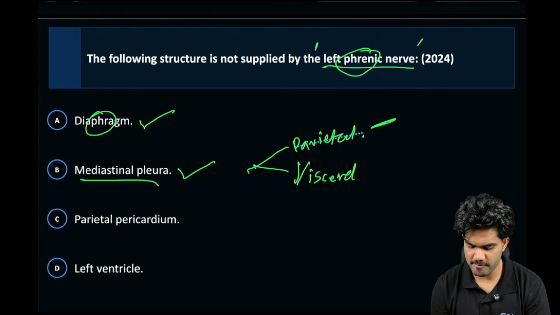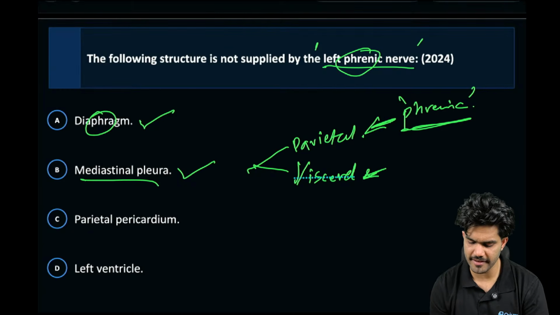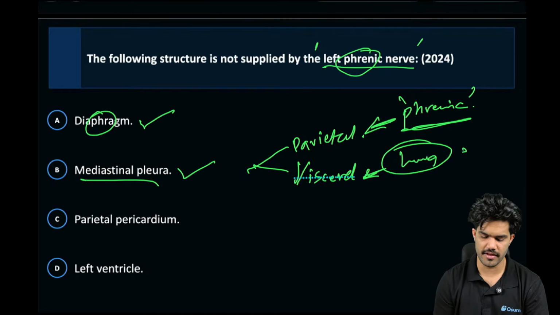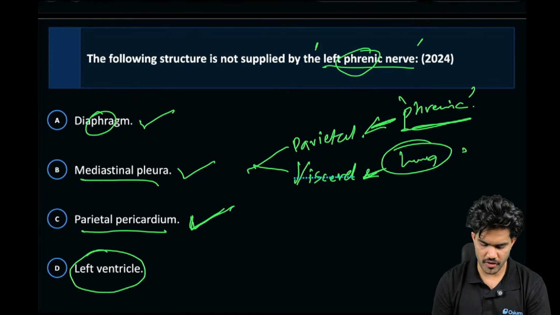So the parietal pleura is supplied by the phrenic nerve. Visceral pleura has the same blood supply as the lung, so whatever nerve supply the lung has, visceral pleura has. Parietal pericardium, yes, is also supplied by the phrenic nerve, but the wrong option will be D, left ventricle.